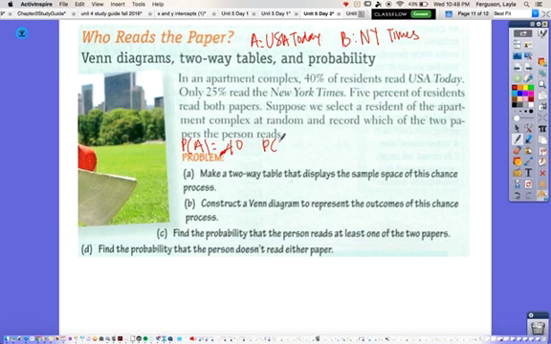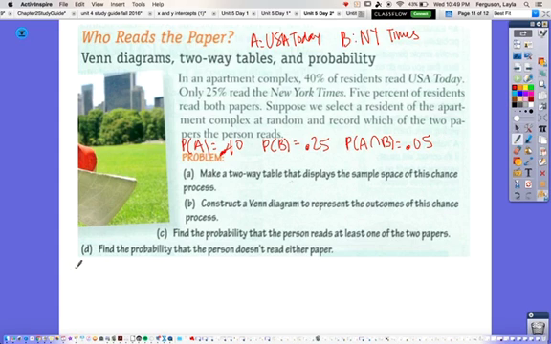And the probability of B is those who read the New York Times, which is 25%, so 0.25. And then, of course, the probability that they read A and B, so that would be both of them, would be 5%, so 0.05.